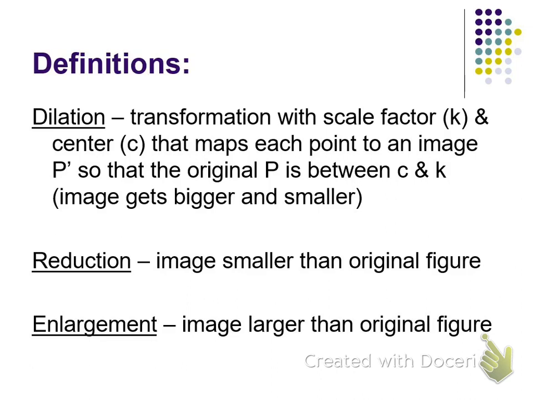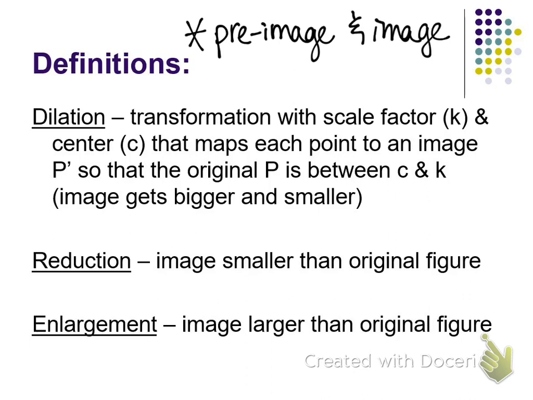Remember I talked about the fact that all of our other transformations that we've talked about produce congruent figures? These ones do not. So your pre-image and image are not congruent. Which should be obvious to you when we start looking at them.